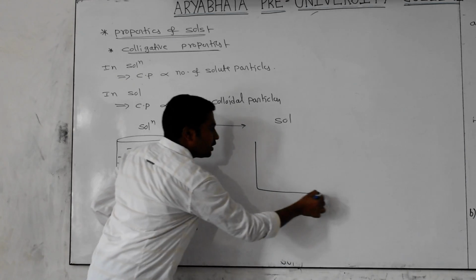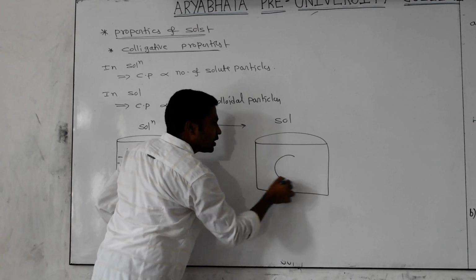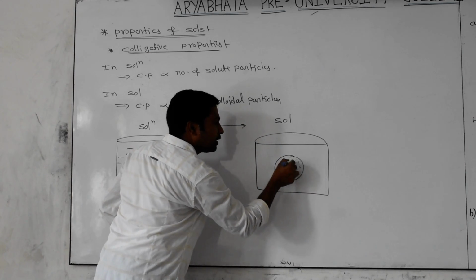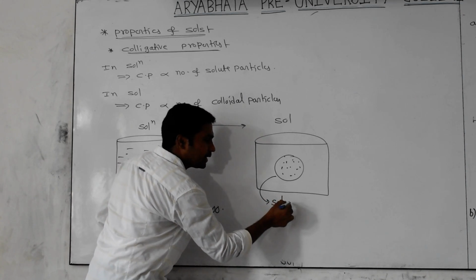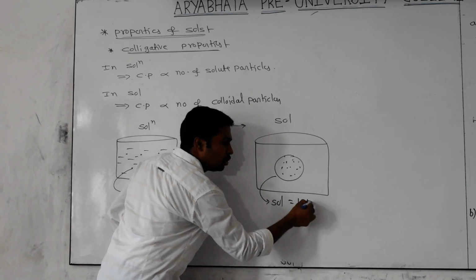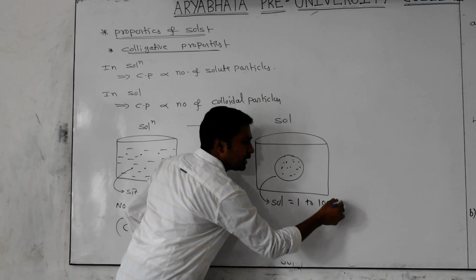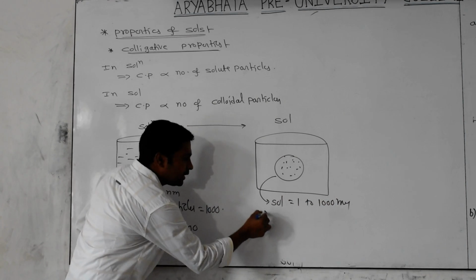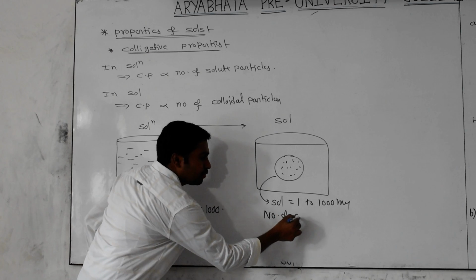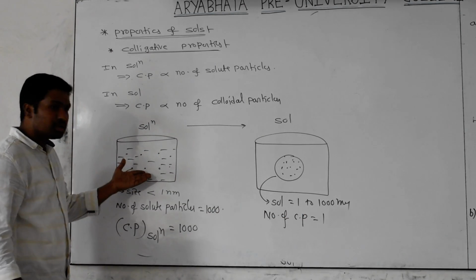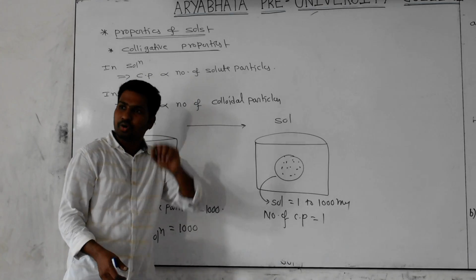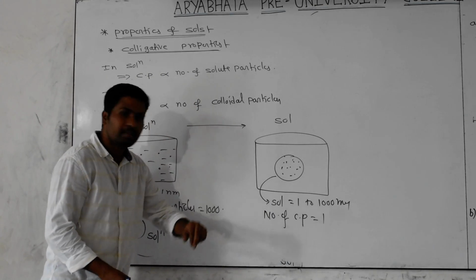Such smallest 1000 particles aggregate together, becoming like one sol particle. Yes or no? The sol particle size is around 1 to 1000 nanometers. Now here the number of colloidal particles will be how many? 1. Those 1000 particles aggregate together becoming one colloidal particle. Here the number of colloidal particles is 1.